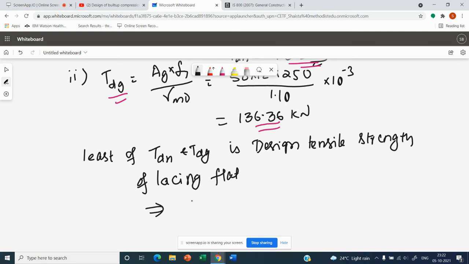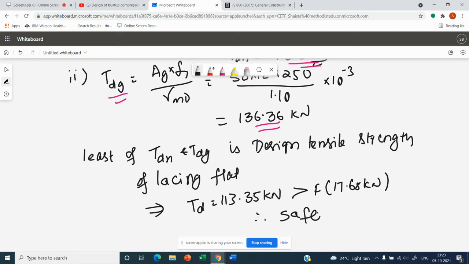So that design tensile strength is 113.35, the first one. TDN is our design. Again, this is more than F. Again, we have to check it with F, that is 17.68. So in both the cases it is passing the test. Therefore, it is safe. So we have completed the design of lacing system. Right? Number of bolts, all this, if you want, you can calculate.